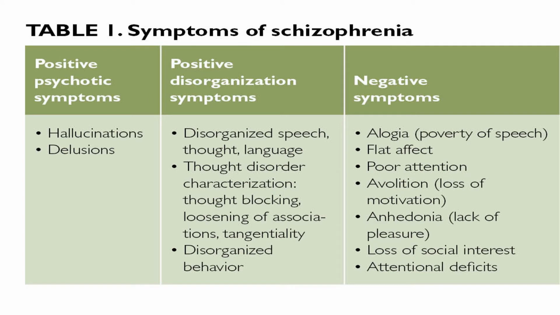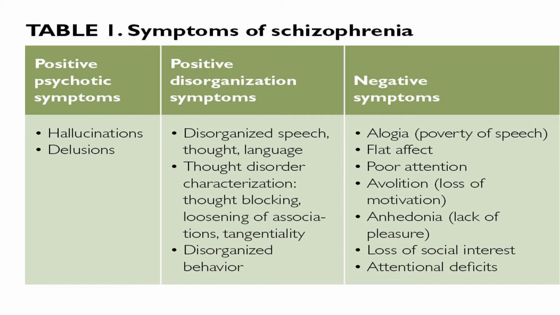Okay, so here's a table showing you some positive symptoms, hallucinations and delusions we've already discussed. Positive disorganization symptoms, so your disorganized speech, your disorganized thought patterns, and there's all kinds of different thought patterns.